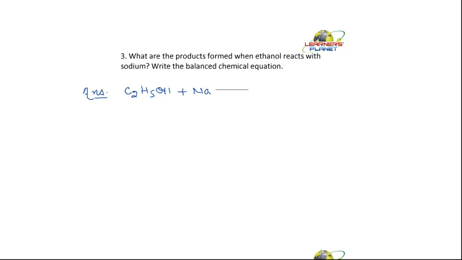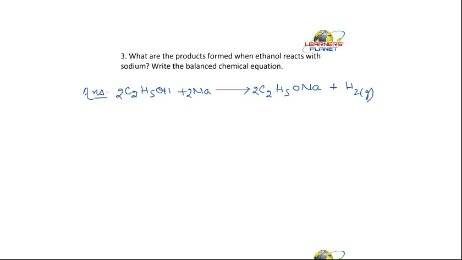The H of hydroxide is replaced by Na and it forms C2H5ONa plus H2 gas. Now here students, due to the evolution of this H2 gas, we will get a popping sound and the bubbles will be obtained. In order to balance this reaction, I'll make it 2.